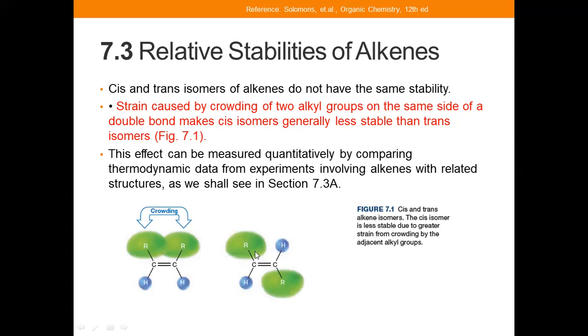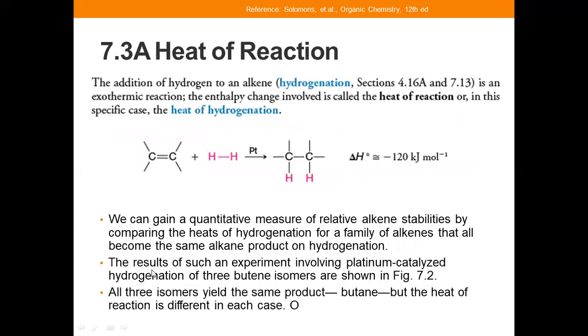If you compare when the alkyl groups are on opposite sides, there is less repulsion, and you expect this trans to be more stable. There is less crowding in this case. In the other one, there is more crowding, which promotes greater repulsion between these two groups. So again, the trans are more stable than the cis isomers.